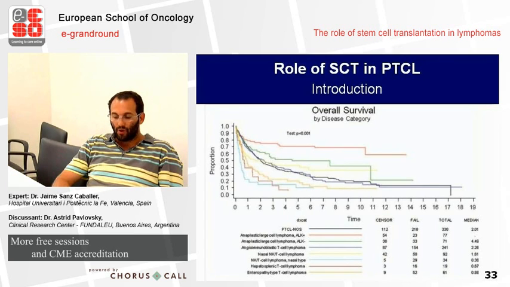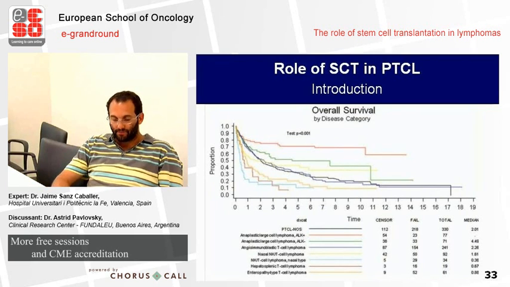In general, the overall survival rate for patients with T-cell non-Hodgkin lymphoma ranges from 18 to 62%, based on the prognostic index of peripheral T-cell lymphomas, which is worse than the overall survival rate for patients with B-cell lymphomas.